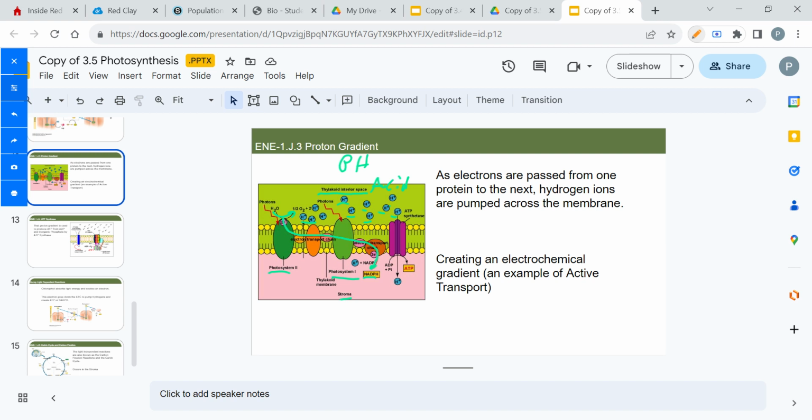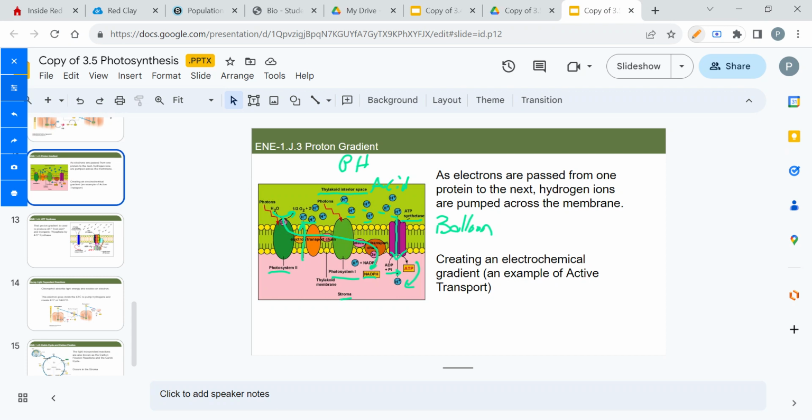So what's happening is that we're going to pump all these hydrogen ions in here, and I always like to equate this to a balloon. If you start to blow a lot of air into a balloon, what do you start to build up? You start to build up pressure, right? And then with that pressure, we can use this enzyme, ATP synthase, to lower the activation energy and catalyze the reaction of adenosine diphosphate into ATP.